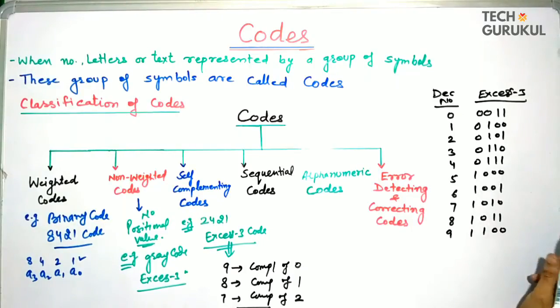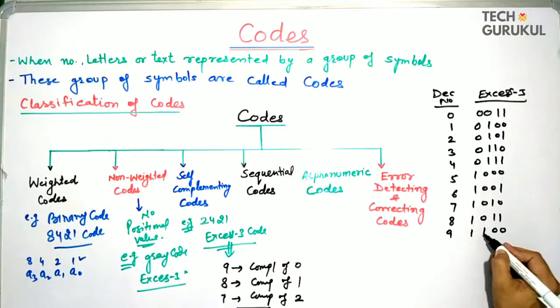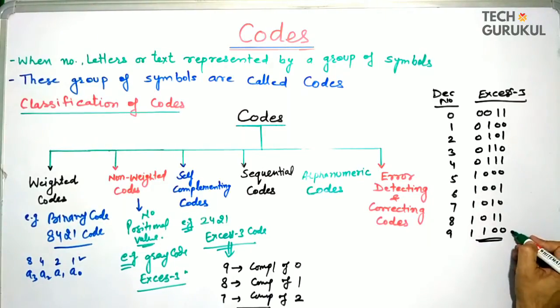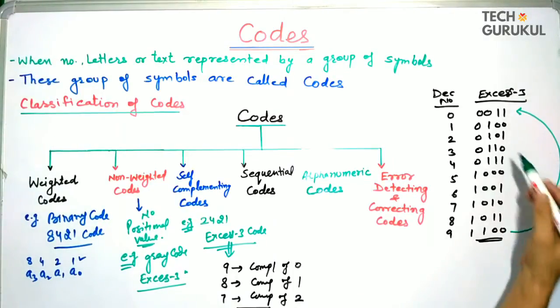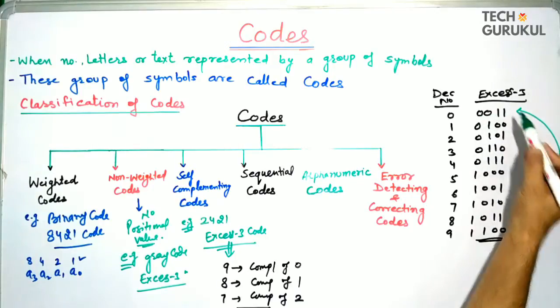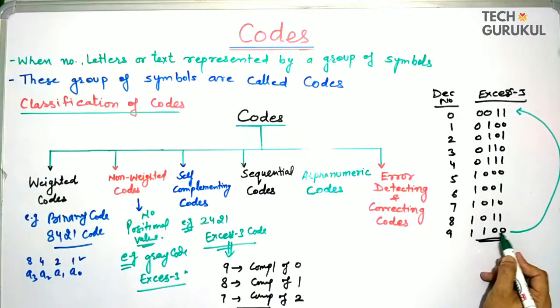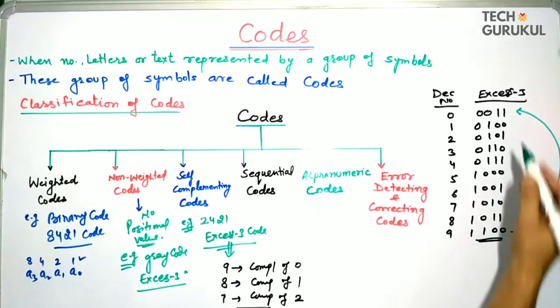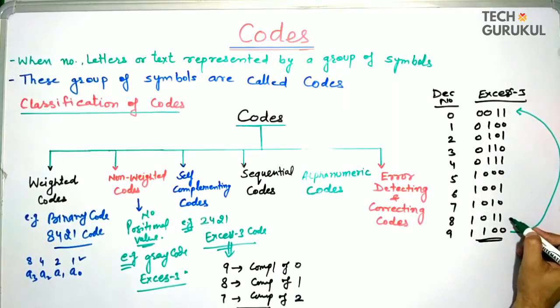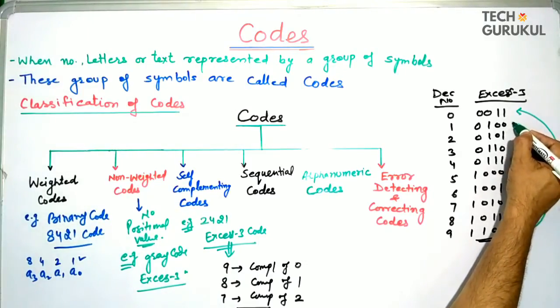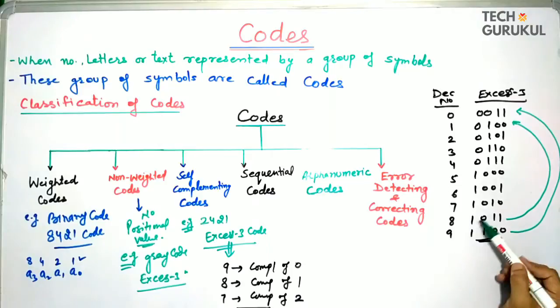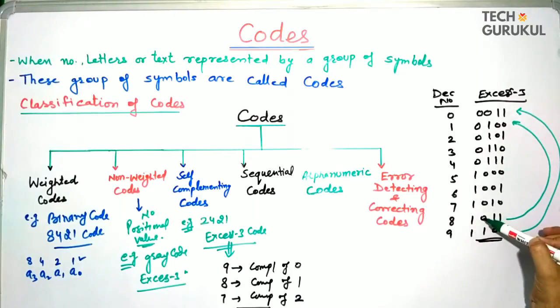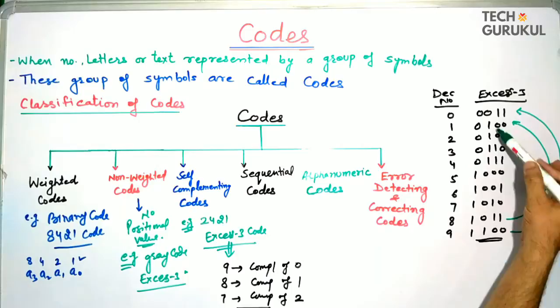Now we'll see, is it a self-complementing code? When we observe, 9 is the complement of 0. How is it? 0 is 0011 and 9 is 1100. So this is the complement of 0. Now we'll see this 8 is the complement of number 1: 0100 here, and 1011 here.